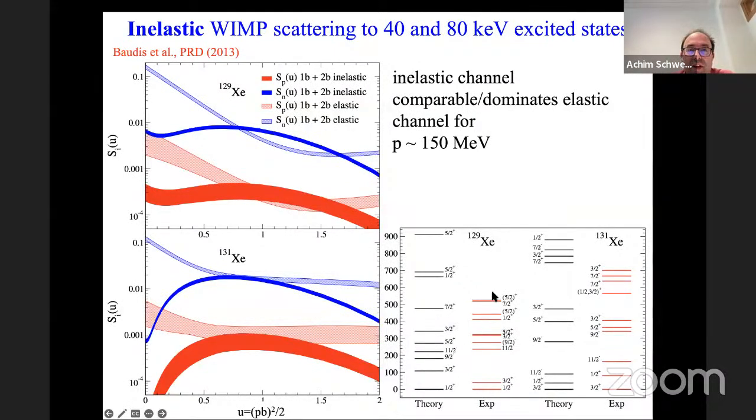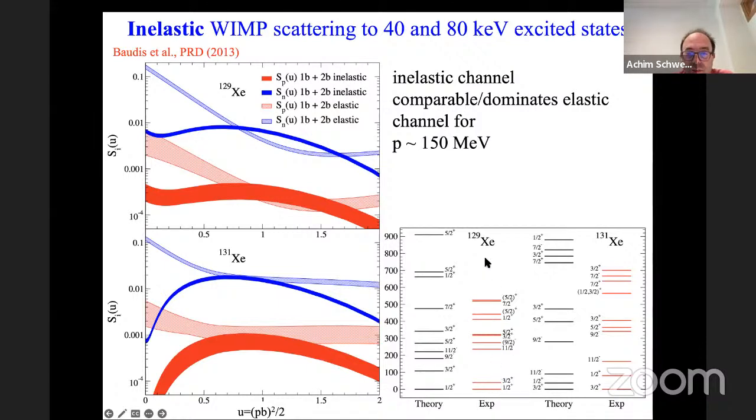We calculated not just what we showed before, the elastic ground state to ground state transitions with 2-body currents, but also the inelastic contributions, where you go from the ground state initially to the excited state.